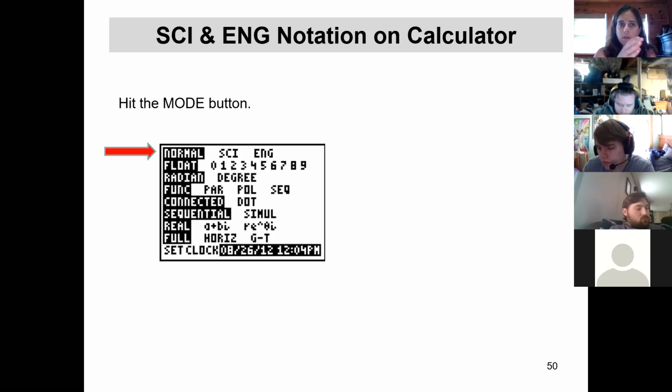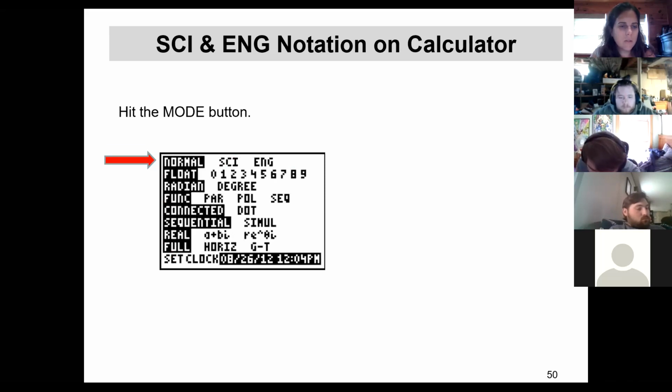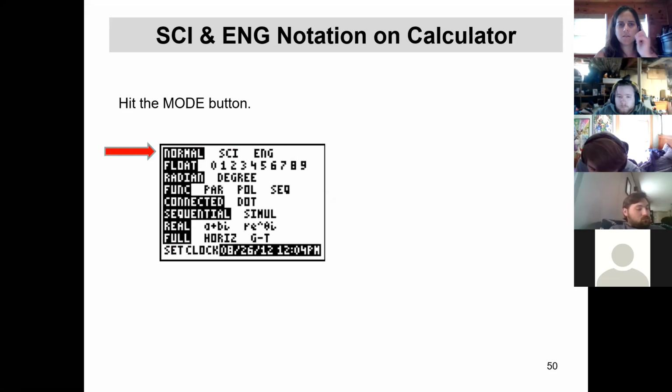So in the calculator, when you hit mode, do you need me to show you mine, or does someone need me to show the calculator? Just say please, and tell me you want me to bring it up, and I will. Under the mode menu, you'll see this, and you're going to want to have highlighted this whole left side column. Now look here, you'll see that scientific and engineering notation do show up.